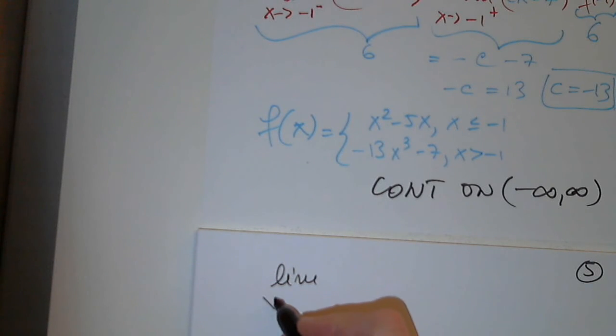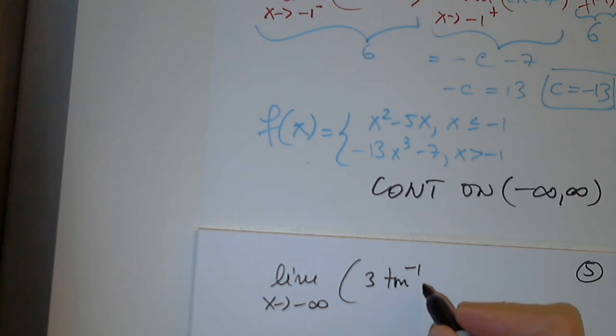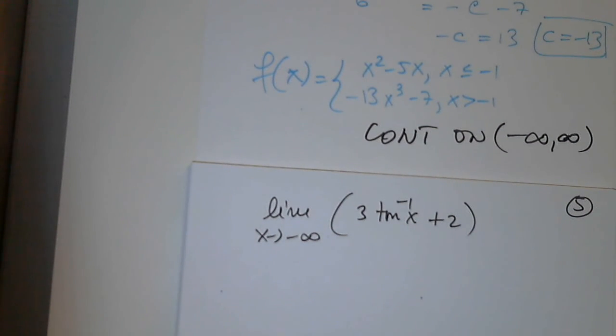So in 2h, limit as x approaches -infinity of 3 tangent inverse plus 2. When we think about tangent inverse, we should see the graph. And where does it go when x approaches negative infinity?